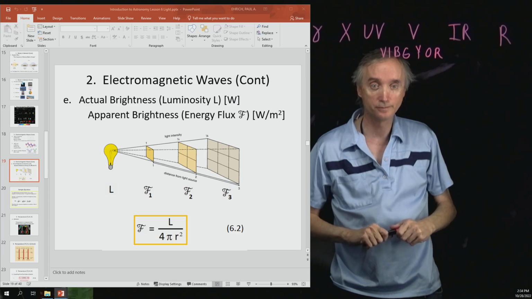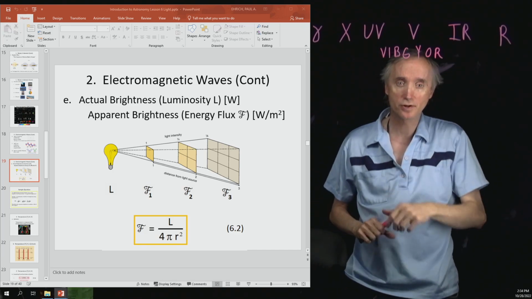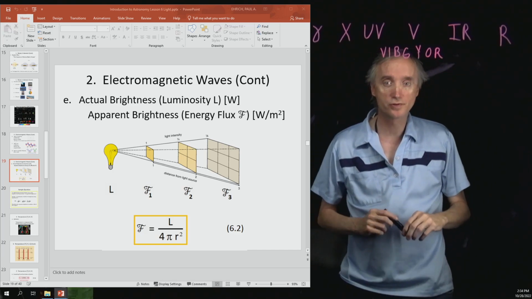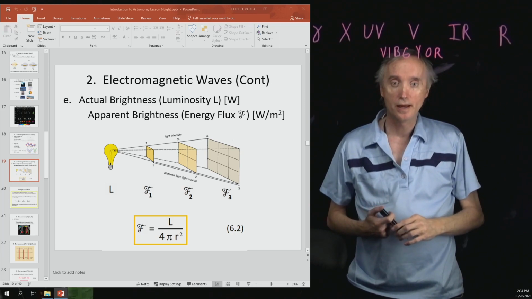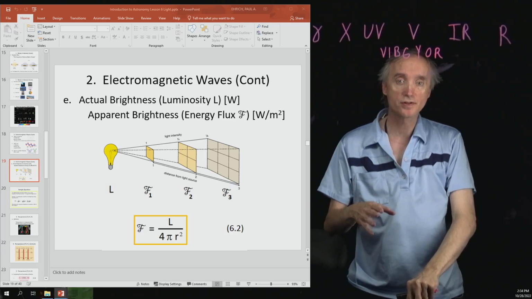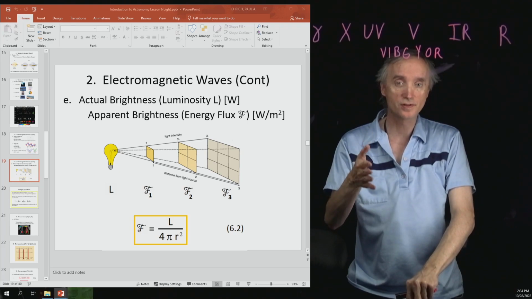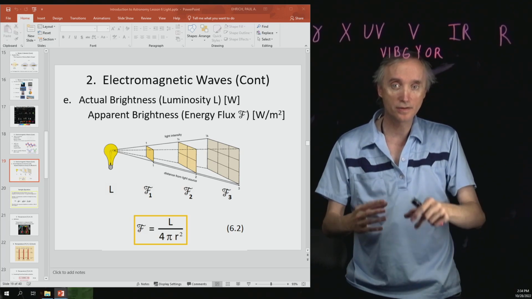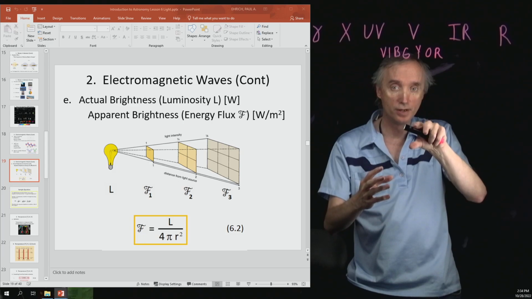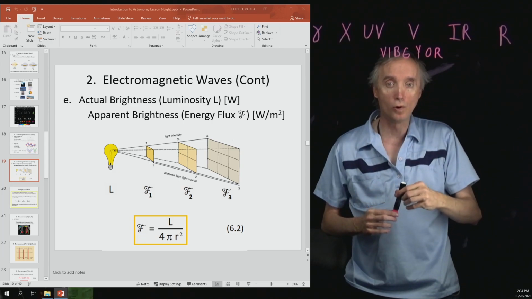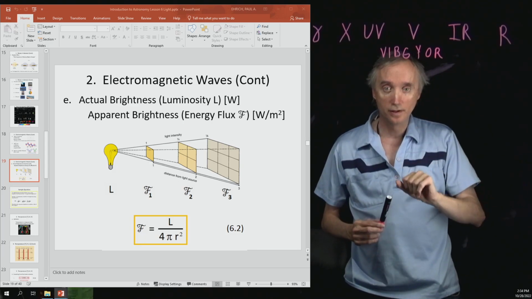So in this picture that you see in the notes, you've got a light bulb, and then at a certain distance, let's call it R sub 1, you see that the light from the light bulb is going through that one square.